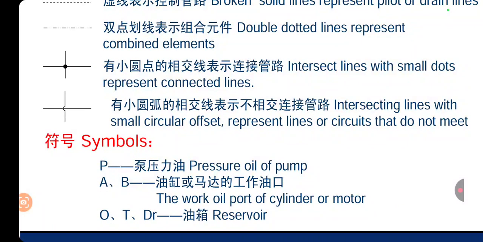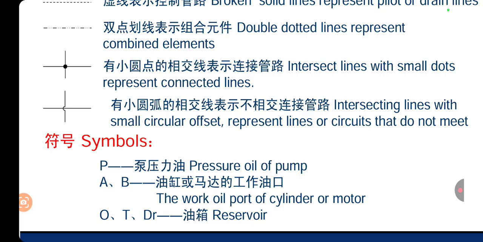The next thing is the cross lines. Intersecting lines with a small circular offset represent lines of a circuit that don't meet. It means they are two different lines, but they are passing through the same path. That means if one line is A and the other line is B, A and B will not intersect with each other. This is the basic difference between the dotted and the other line.